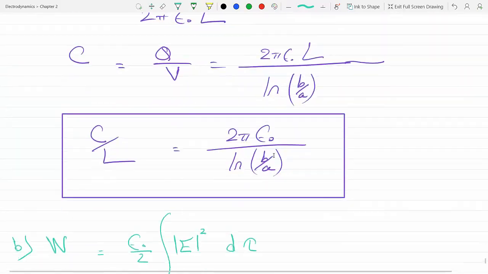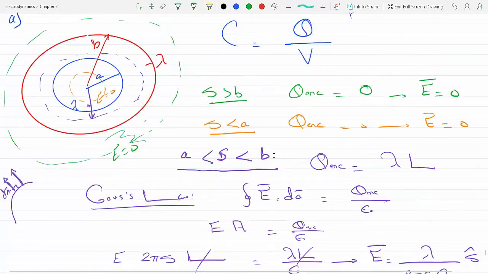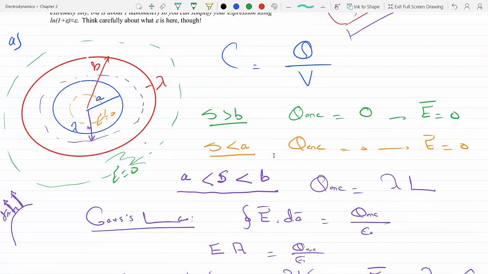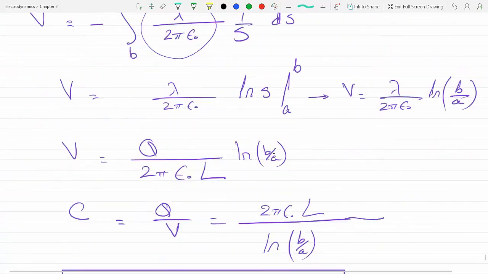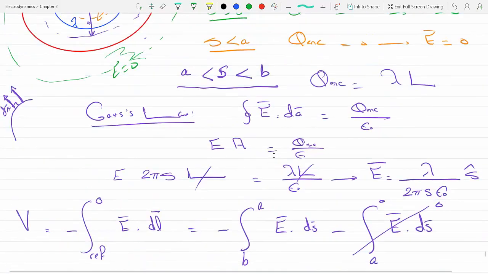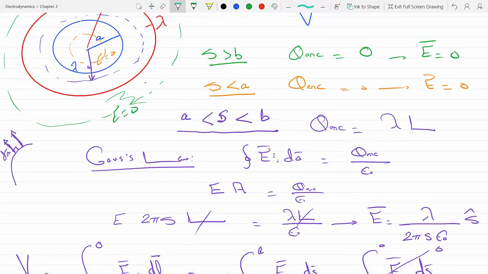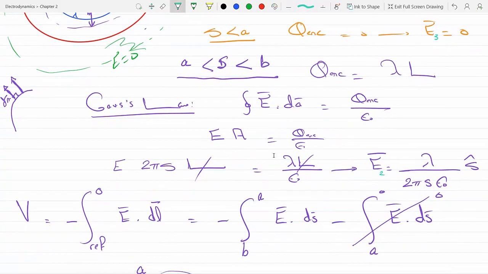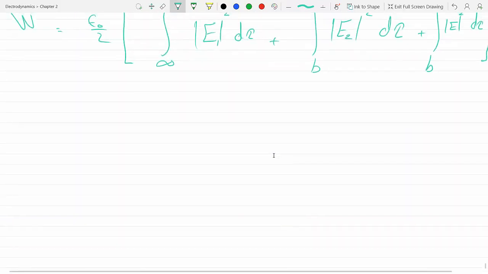Now we already said if you were to take a Gaussian surface around the entire conductor per unit length, Q enclosed will be 0. We already said E equals 0 here. So this one here is E1, this was E3, and this here was E2. So we have all of them, yeah? So those two terms go away.